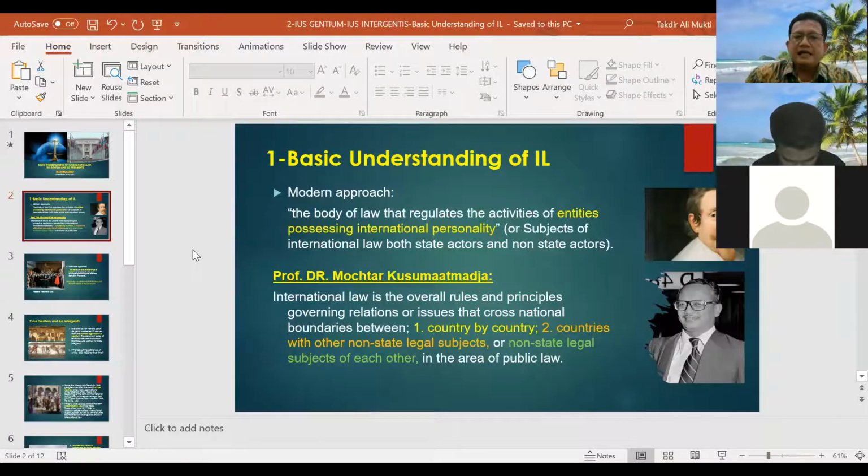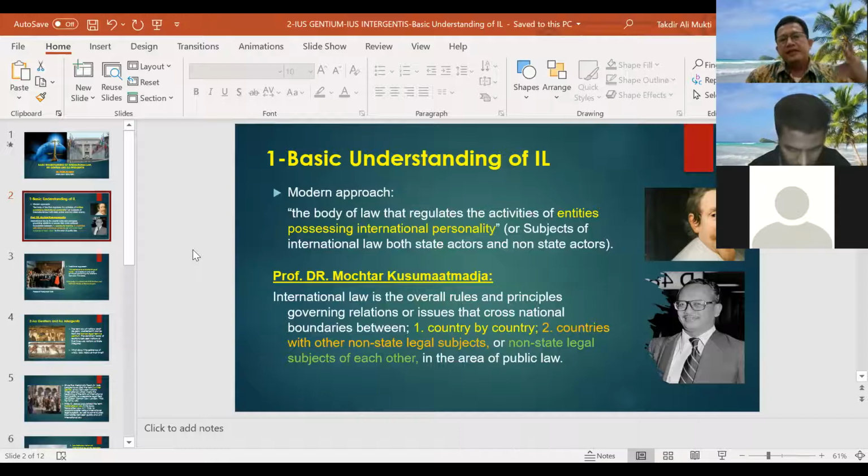The second, countries with other non-state legal subjects, such as international organizations, such as non-governmental organizations in international fora. And the third, non-state legal subjects with each other in the area of international public law.